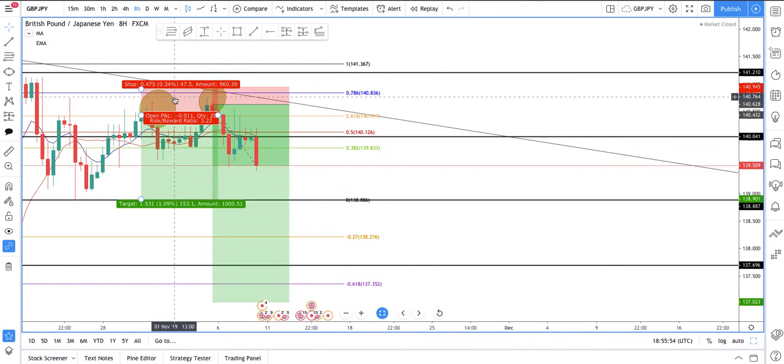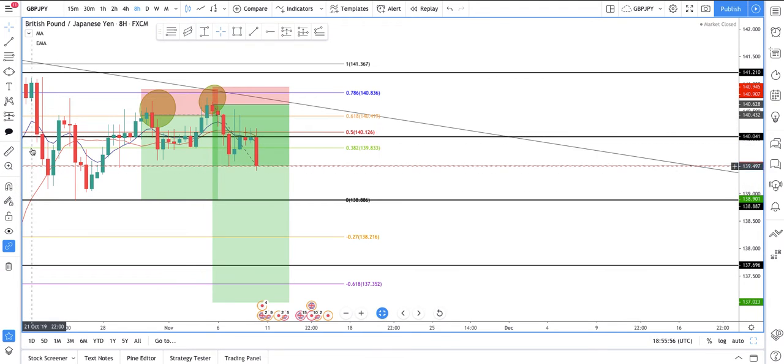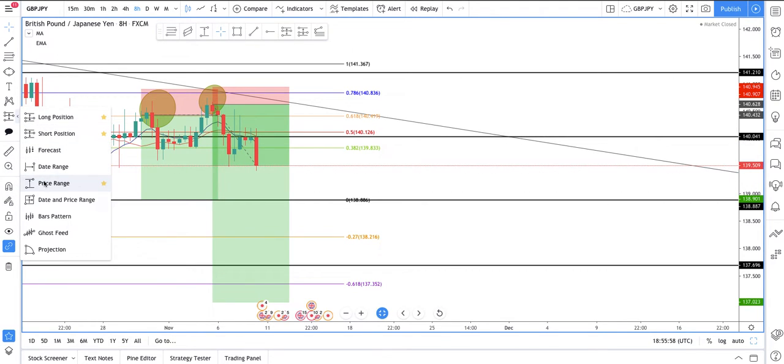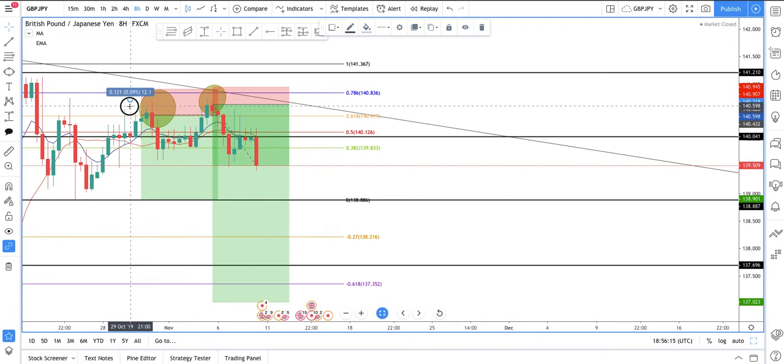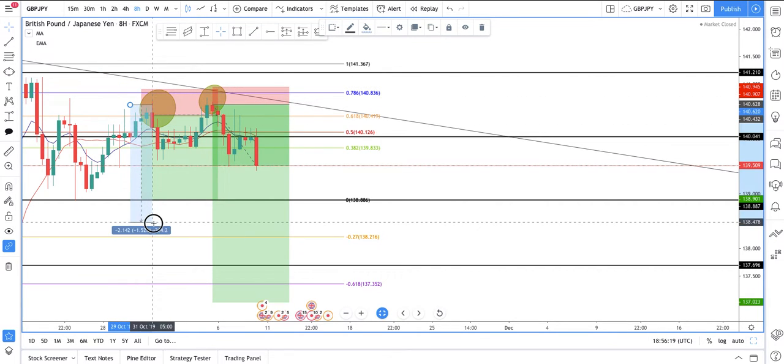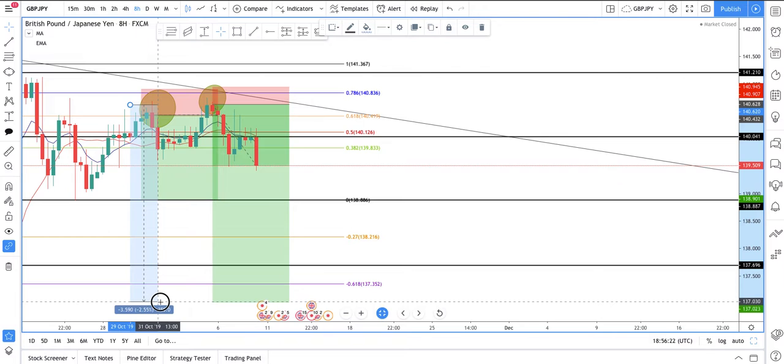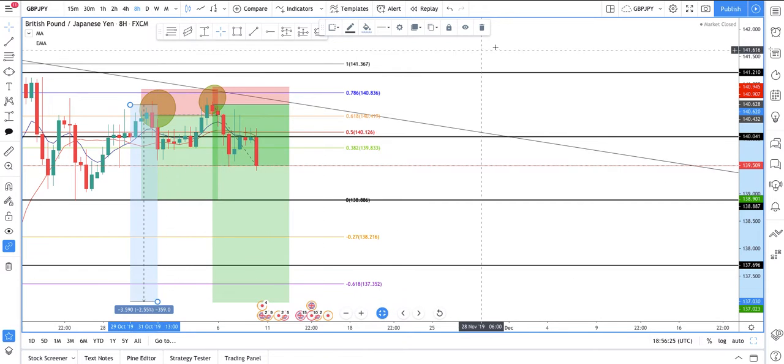So from first entry I was risking 44 pips to gain 156, and second entry I was risking 32 pips to gain 359 pips.